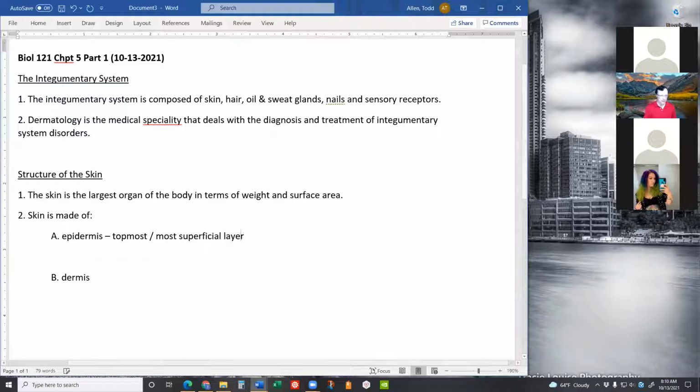Now, when you say the phrase epidermis, please be aware that epidermis is simply specialized epithelium. That's all it is. So the epidermis is epithelium in your skin.